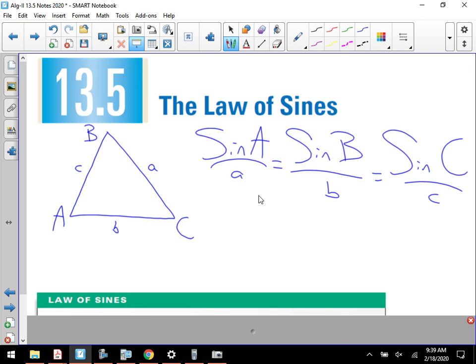So let's look at an example that's really fast. When we use law of sines, it's nothing more than the sine of an angle is to its side opposite, as the sine of some other angle is to its side opposite, and the sine of the other one is to its side. This is where we use capital letters for angles and lowercase letters for the sides opposite. I know you guys have all done that. This hasn't changed. Okay?